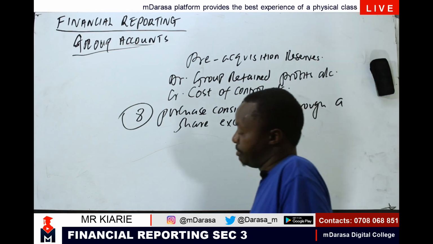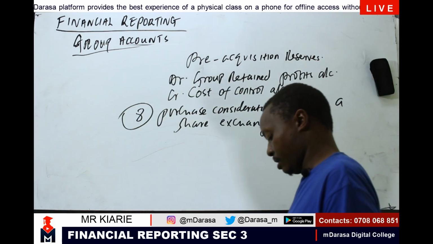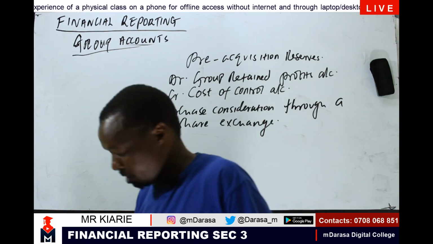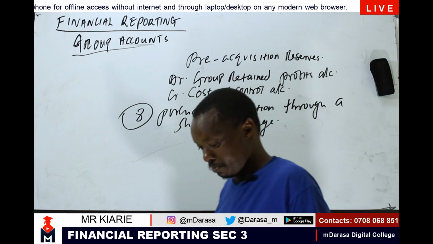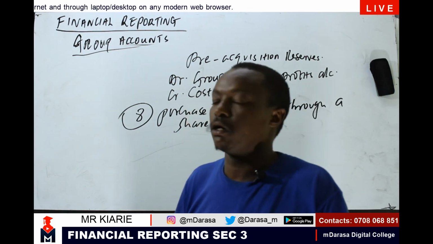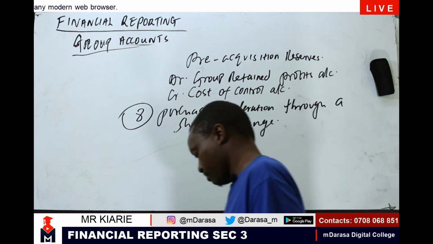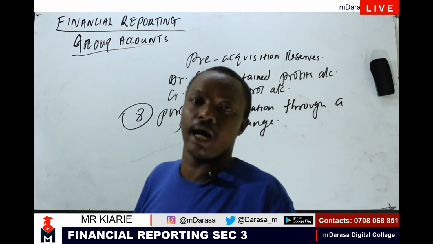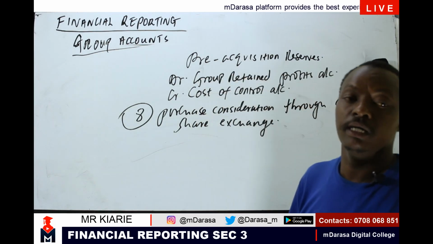Then you write below that, it arises when the parent company settles the purchase consideration on acquisition of the subsidiary by issuing out its own ordinary shares.